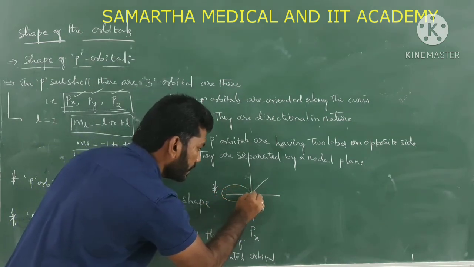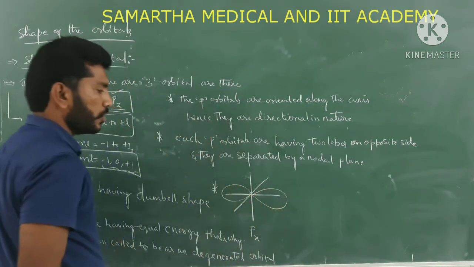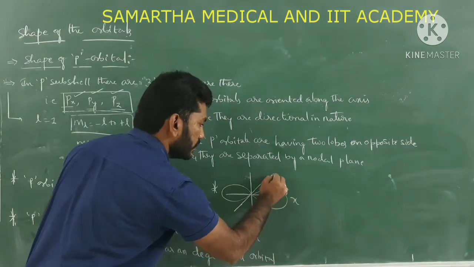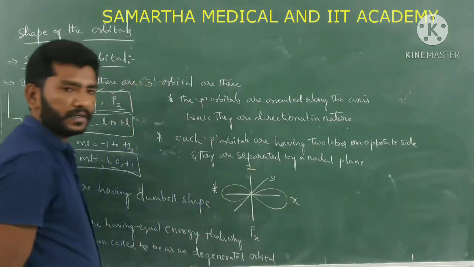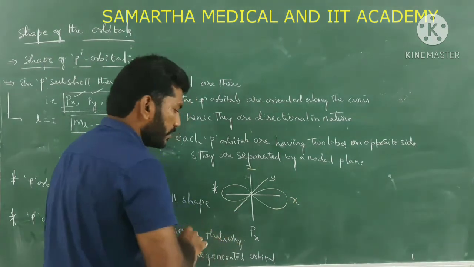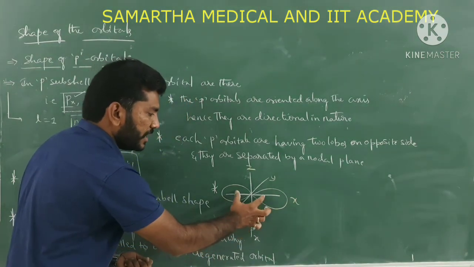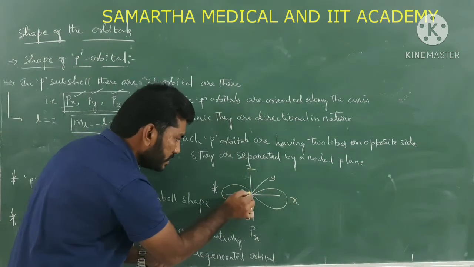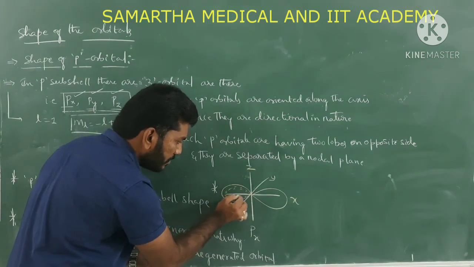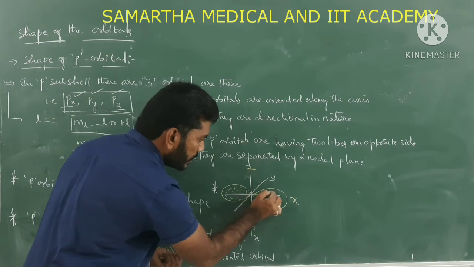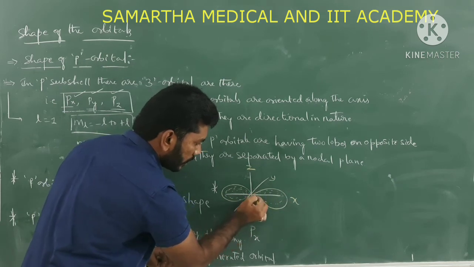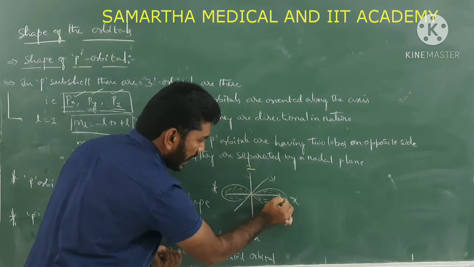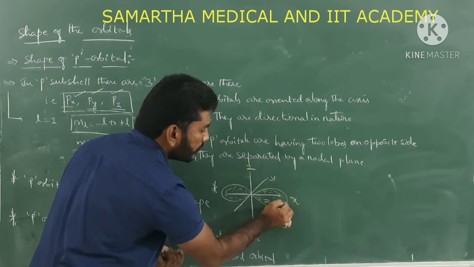This is the px orbital, which means dumbbell shape, and each orbital has two lobes. This is one lobe and this is the other lobe, which means in this particular portion only the probability of finding the electron is going to be maximum, and the rest of the axes are nothing but a nodal plane.